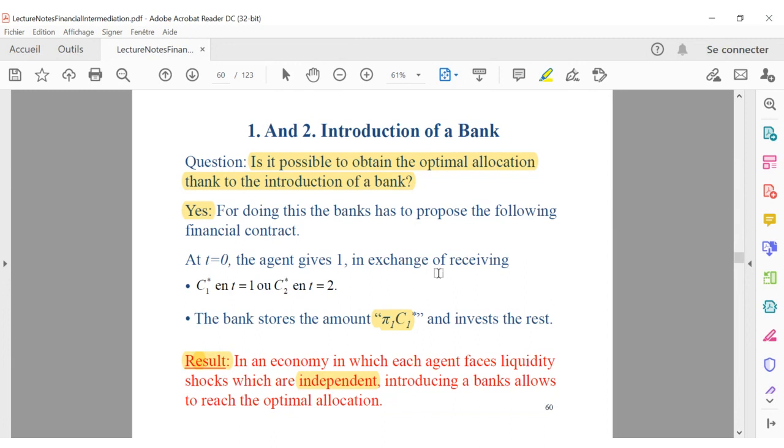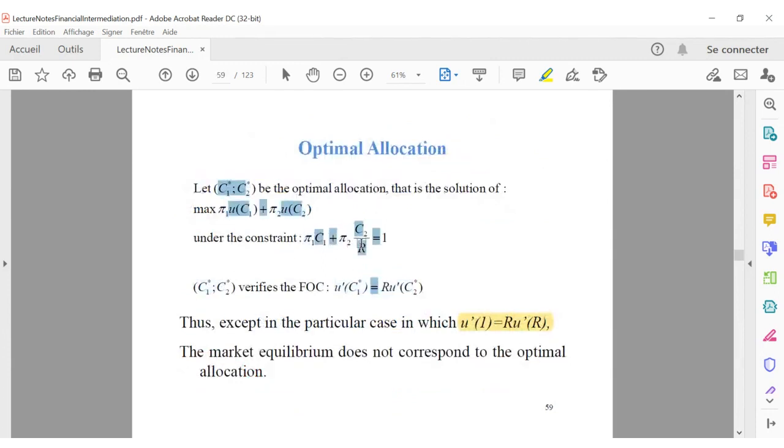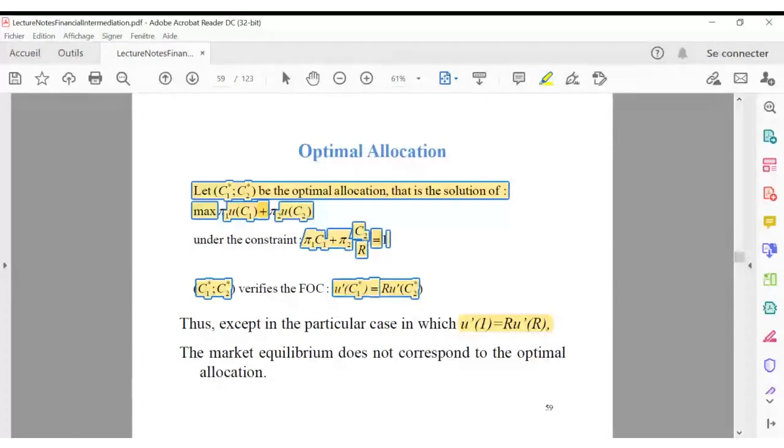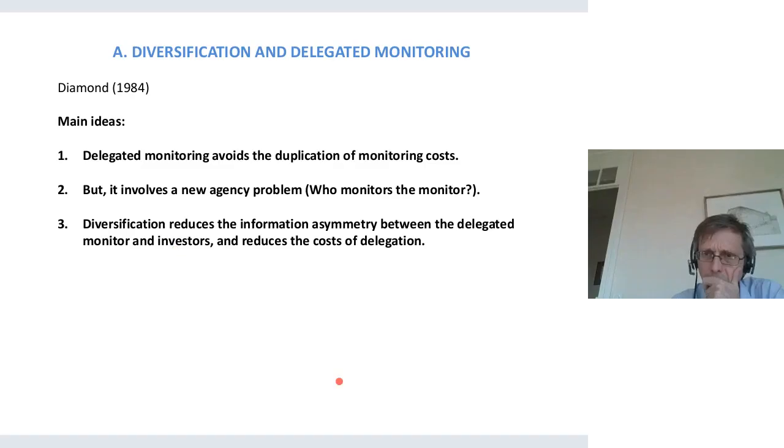And what is important is that this is going to respect this inequality by definition of the optimal allocation. Do you have questions so far?